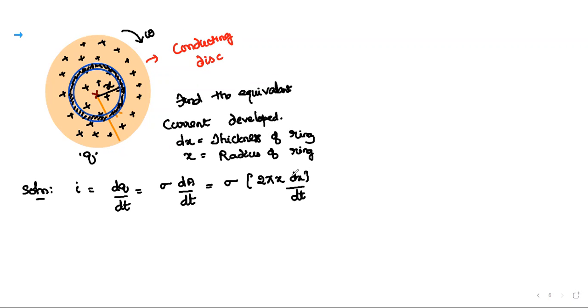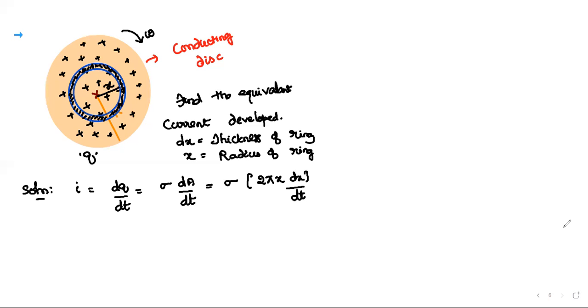Okay, so dx by dt, when it is rotated, how to find? Are you able to follow my point? dx by dt gives what? Is it velocity?